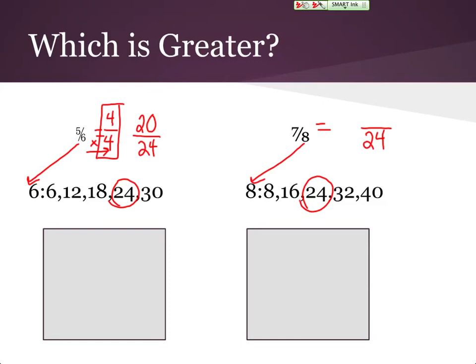How many 8's does it take to get to 24? 3. Ben? 8 times what gets me to 24? 8 times 3. So our form of 1 is going to be 3 over 3. So 7 times 3 gives me what?